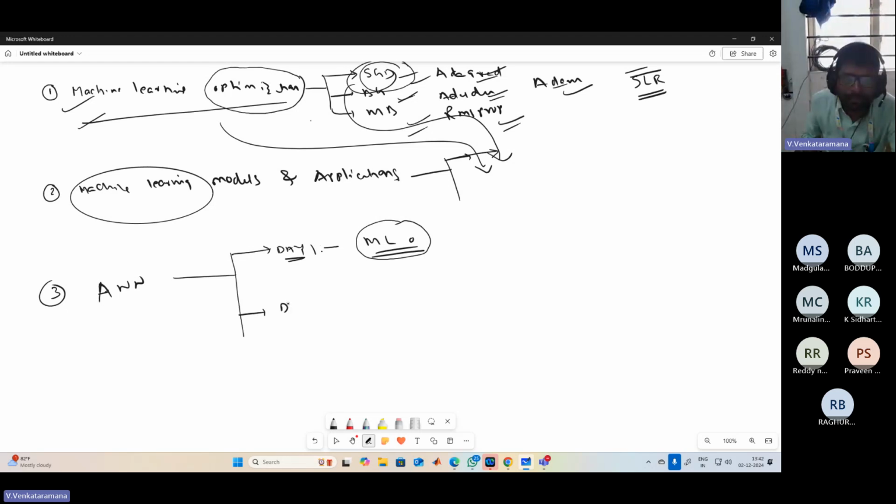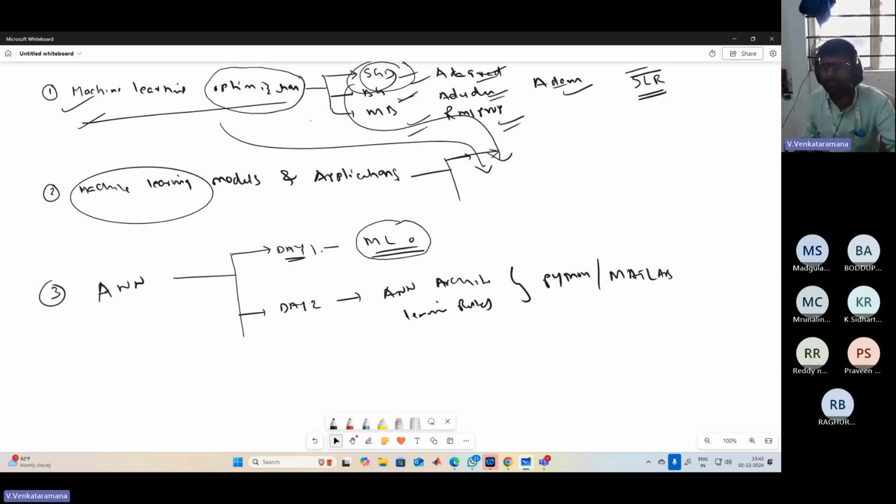Whereas on day 2, I will discuss ANN architectures, different types of learning rules, and their implementation using either Python or MATLAB. On day 3, we discuss how ANN is useful for the regression problem.